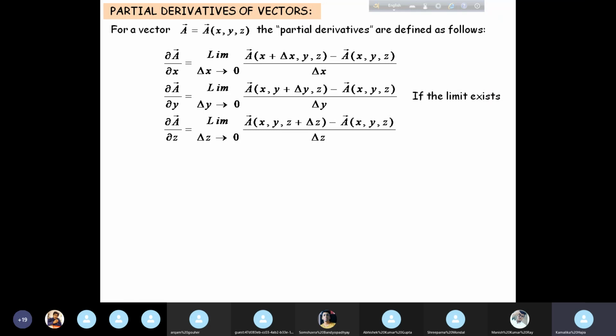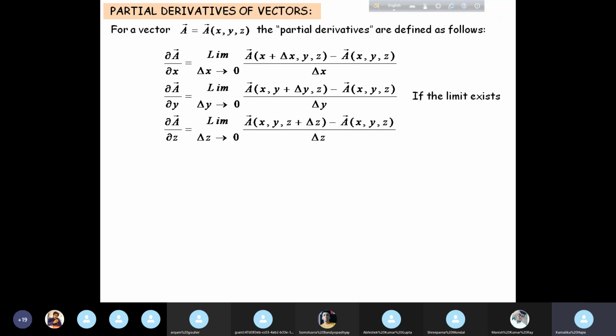How will you understand whether you are taking the partial derivative or the ordinary derivative? By the symbol del, by the way you write d. In ordinary derivative, we write simply d, like dr dt, dv dt. When you curve the d like this, it is called script d, or sometimes del. We say del A del x, and then you mean it is the partial derivative.